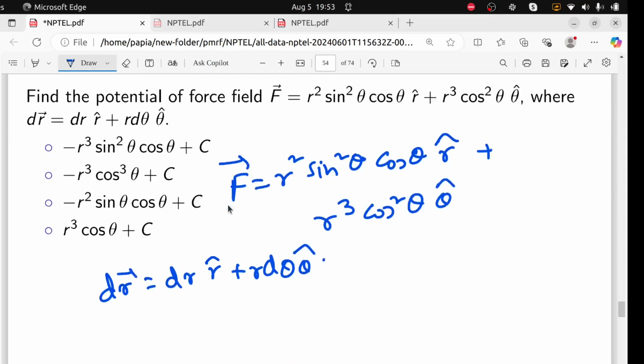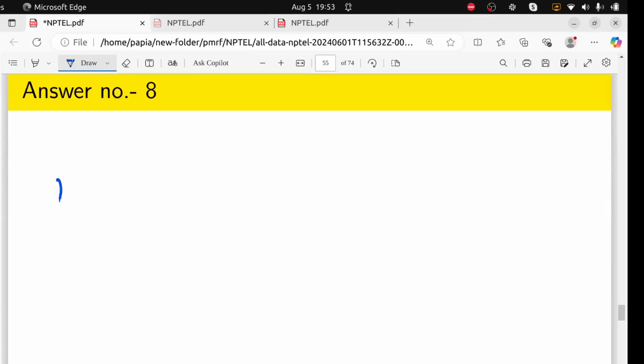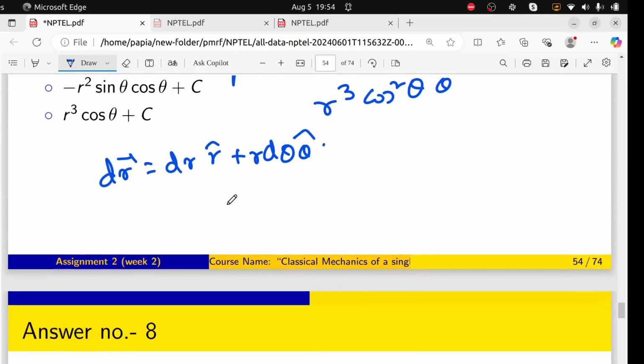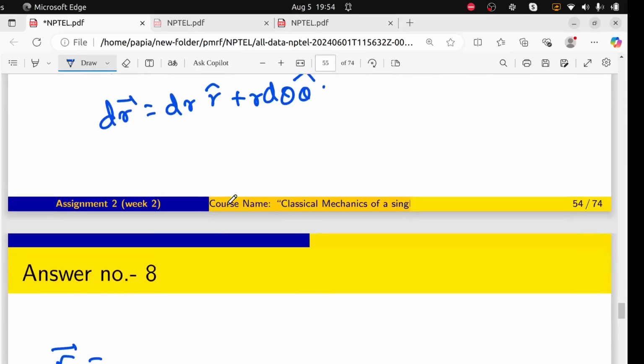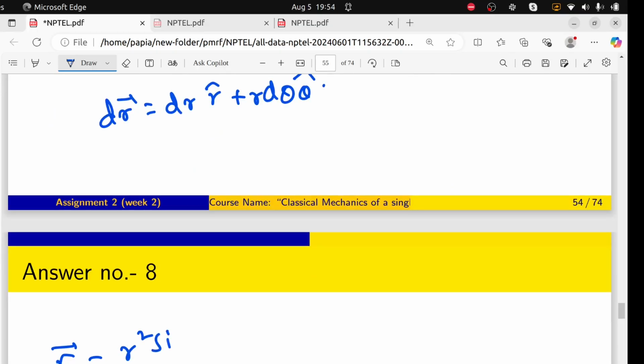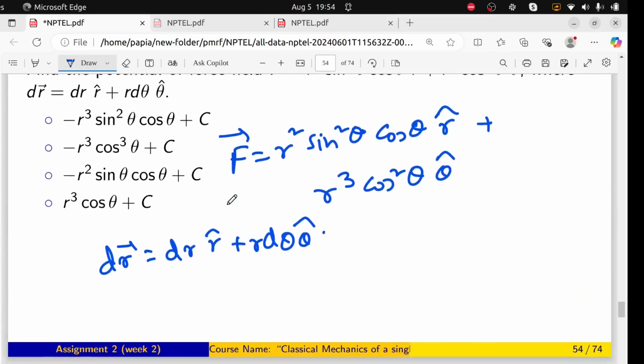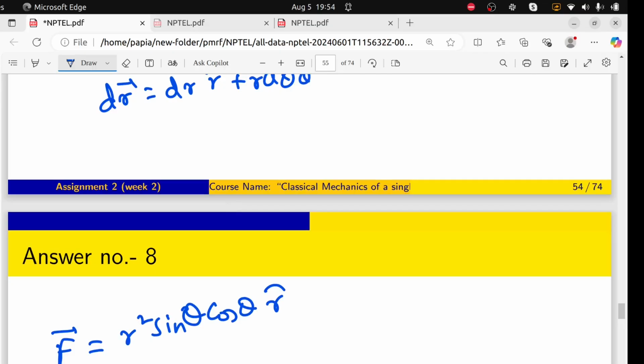So what is the potential of the force? Okay. Let me write here F and dr, where F is r square sin square theta cos theta r cap plus r cube cos square theta theta cap.